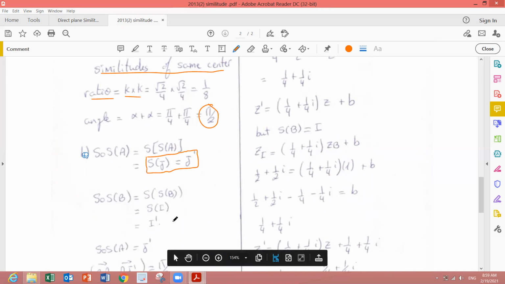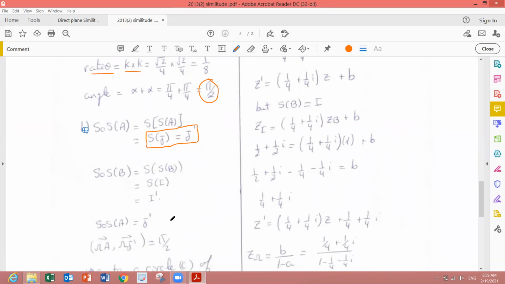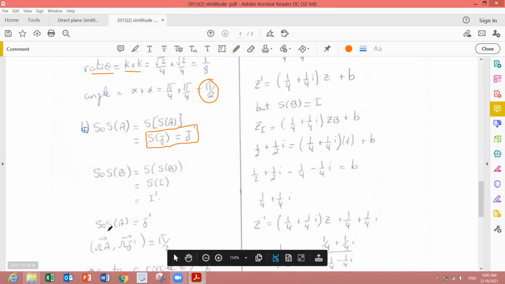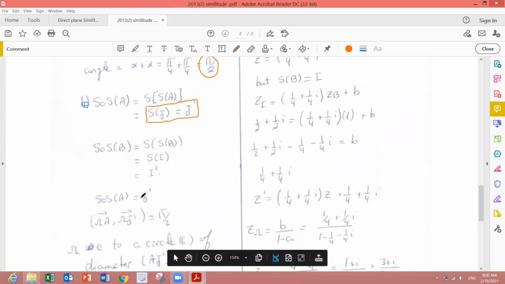Now we are going to construct the center. How to construct geometrically the center of the similitude. So we have proved that S round S will have the same center omega.